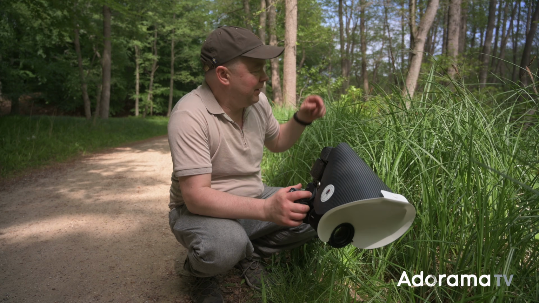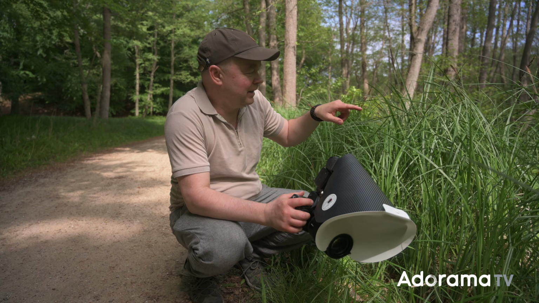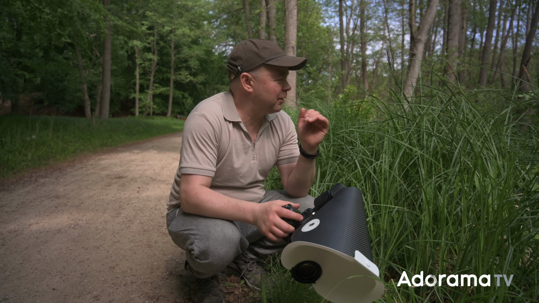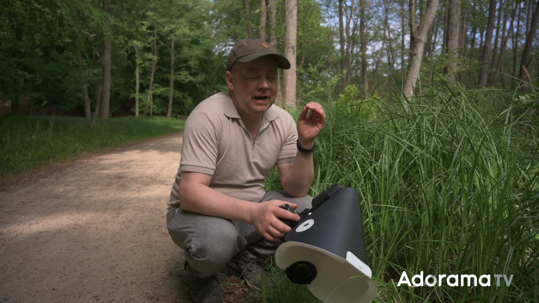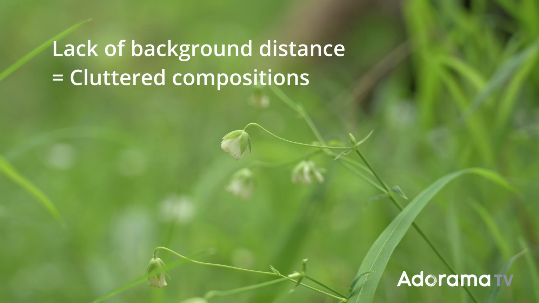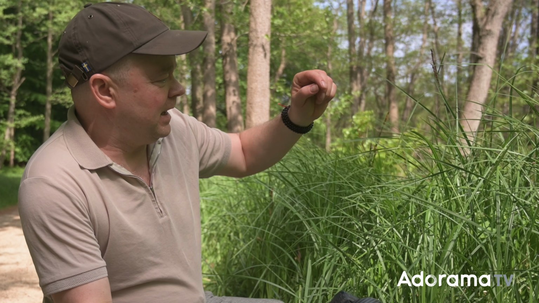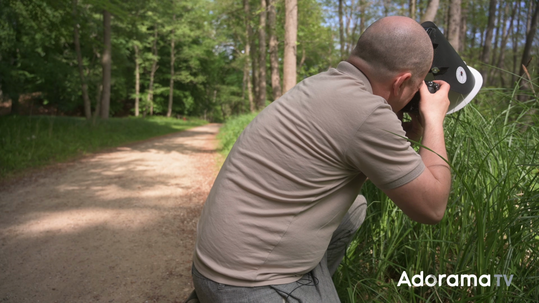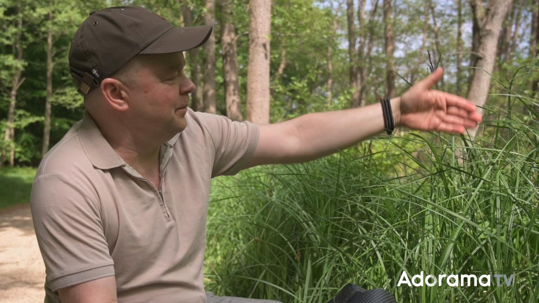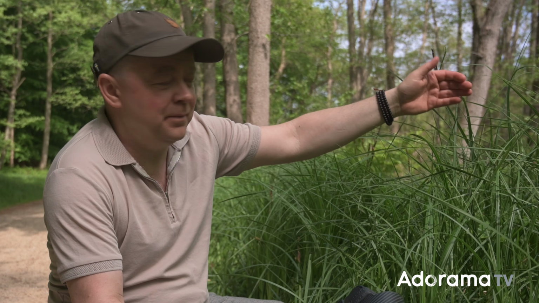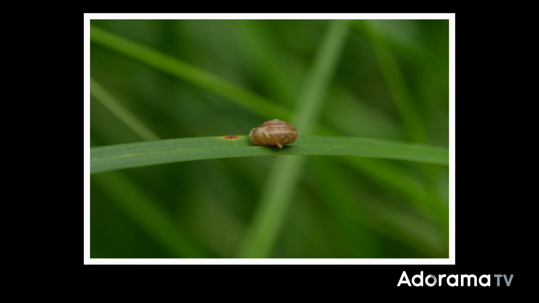Now, I found a really easy subject here, a tiny snail, and it's perfect for demonstrating the next point. What ruins most macro photos is actually lack of distance, because then you get all these grasses here, and if I just take a shot of this snail from this side, I'll immediately have grass in the background, and this does not look really pleasing.